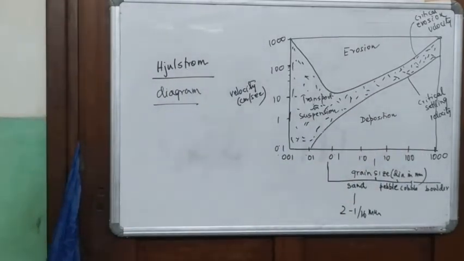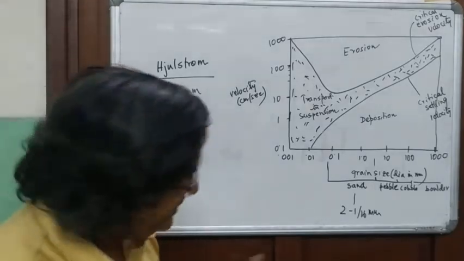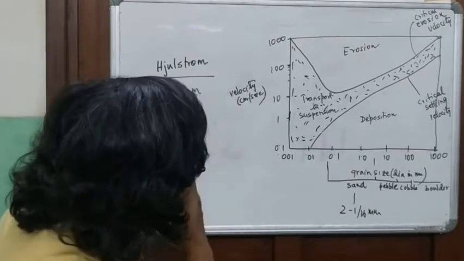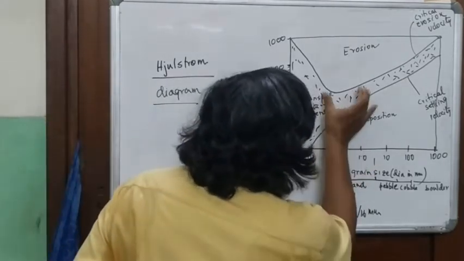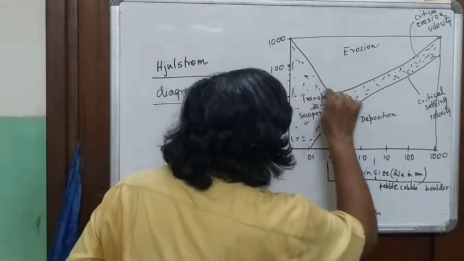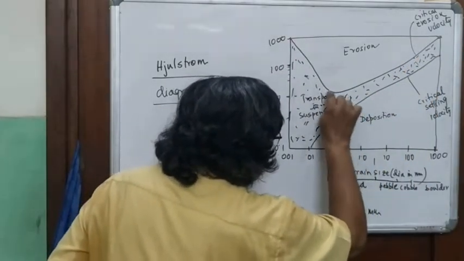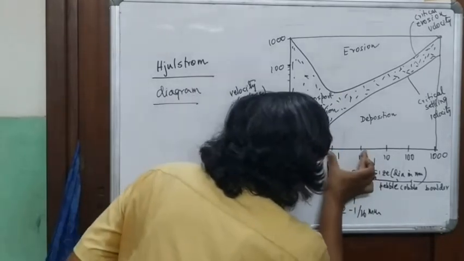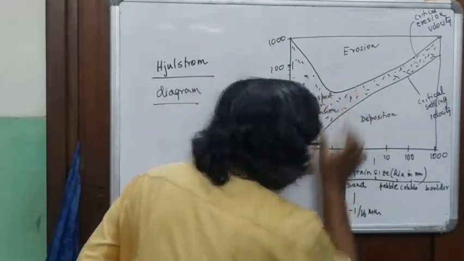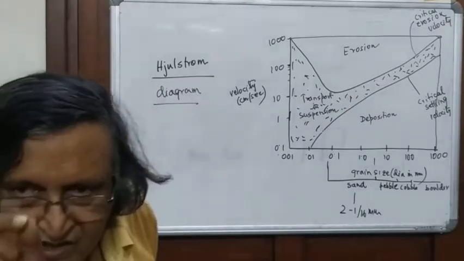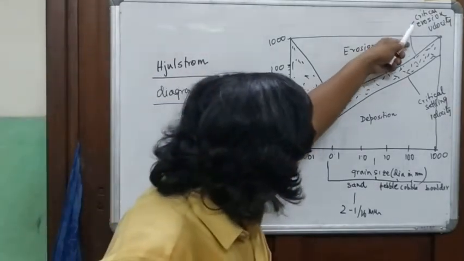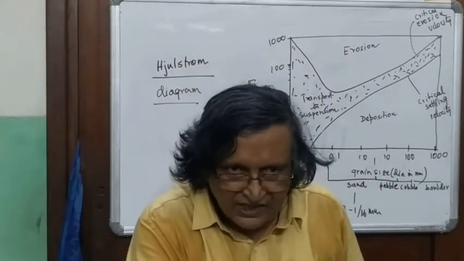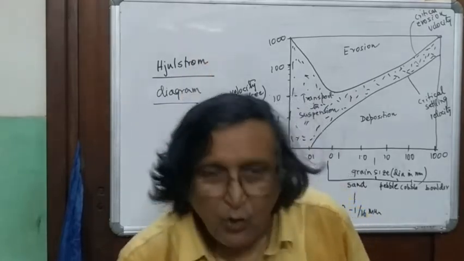Okay, in the next lecture, which will be the 27th lecture, we will elaborate a little bit more. You must understand that for this grain size, the minimum velocity for erosion is roughly close to 10 centimeters per second. It is sand which has the minimum critical erosion velocity. So sands are the ones that can be eroded with slower speeds.